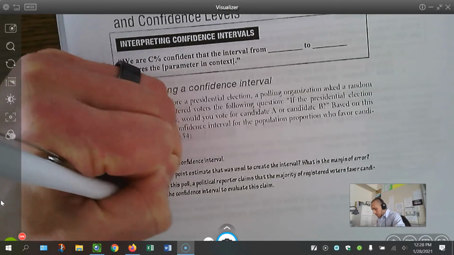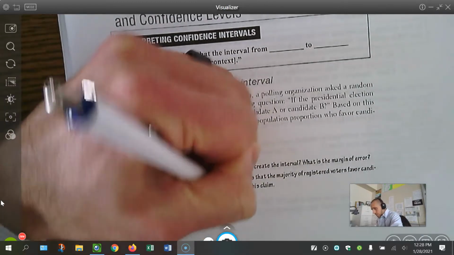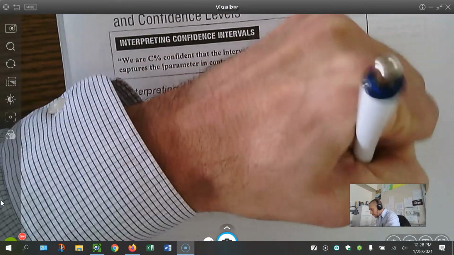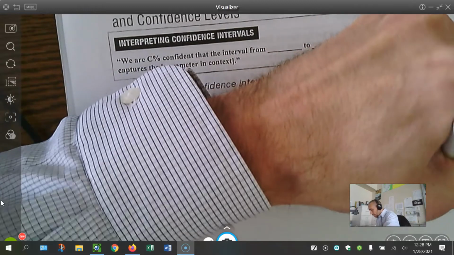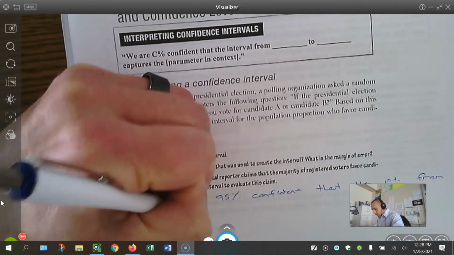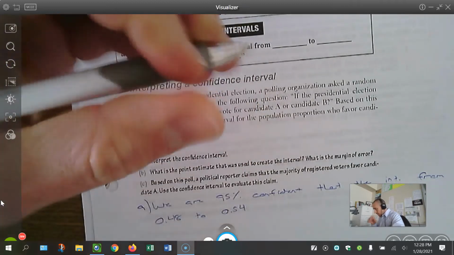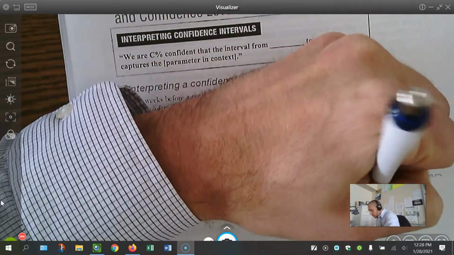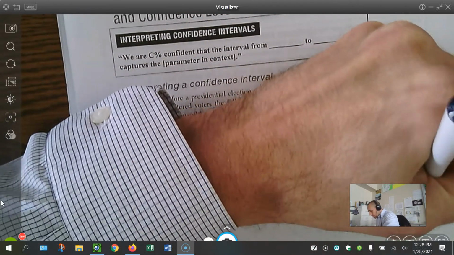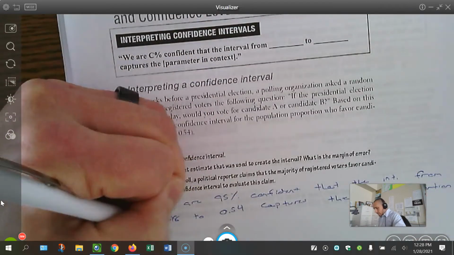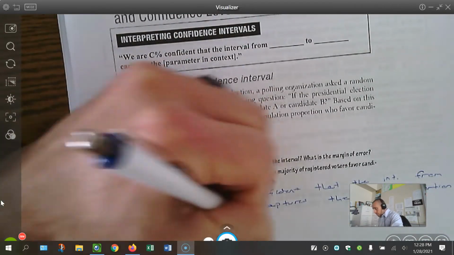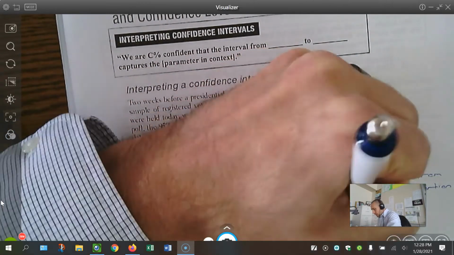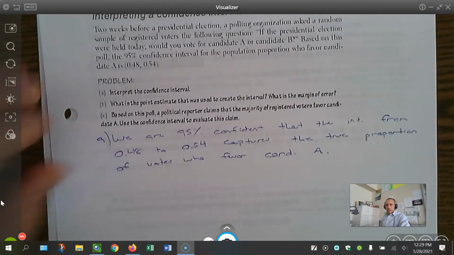So in part A, I would say we are 95% confident that the interval from 0.48 to 0.54 captures the true proportion, or population proportion, of voters who favor candidate A. All right, let me move that so you can see it.